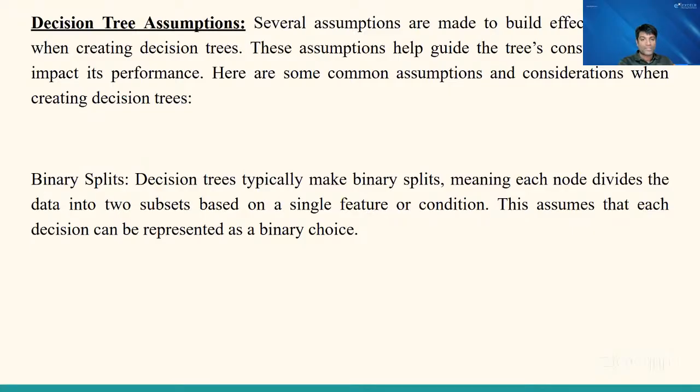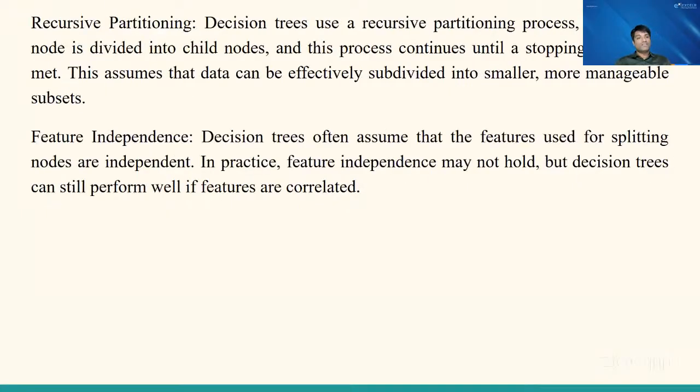Now, the next thing is recursive partitioning. This is a process of dividing into child nodes. I think you already understood what a parent node and a child node are. Child nodes are decision nodes and terminal nodes for a particular decision node.